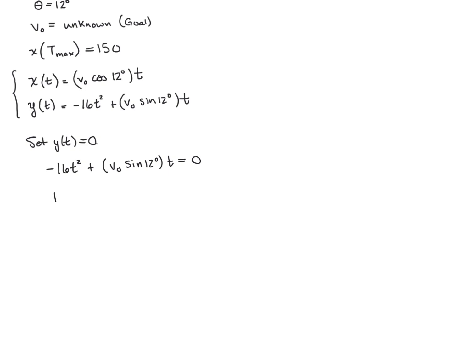If we factor out t, we get t(-16t + v naught sine of 12 degrees).